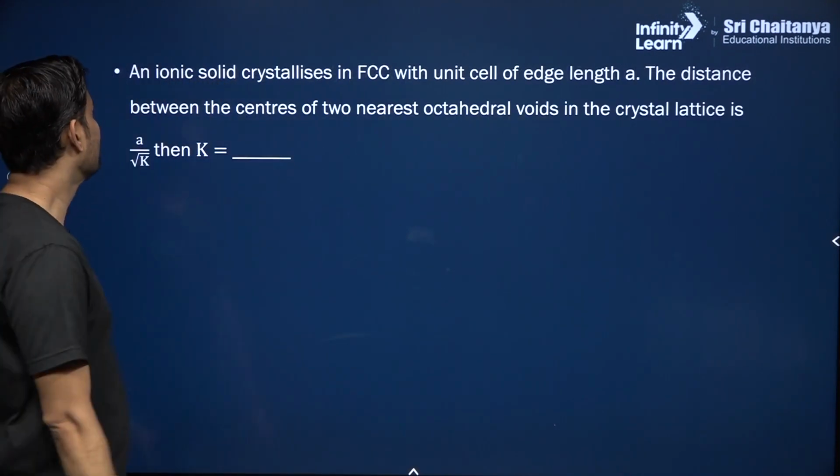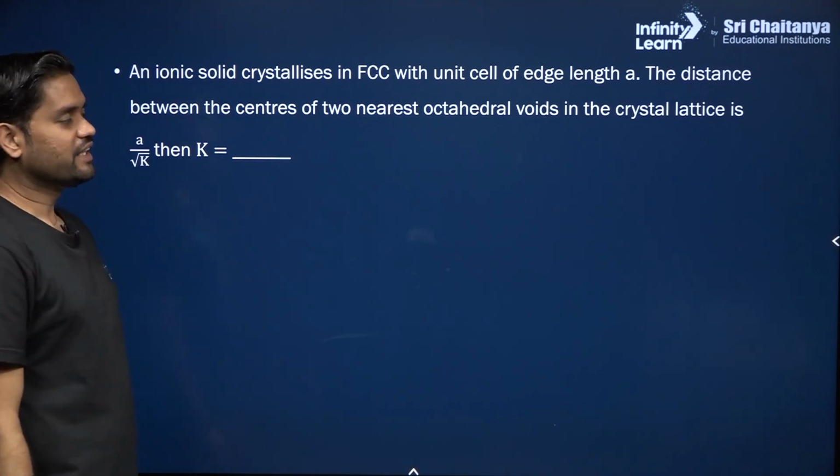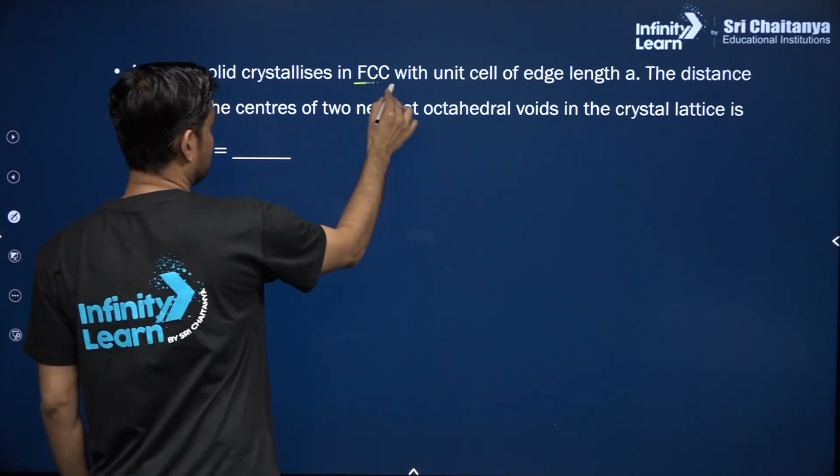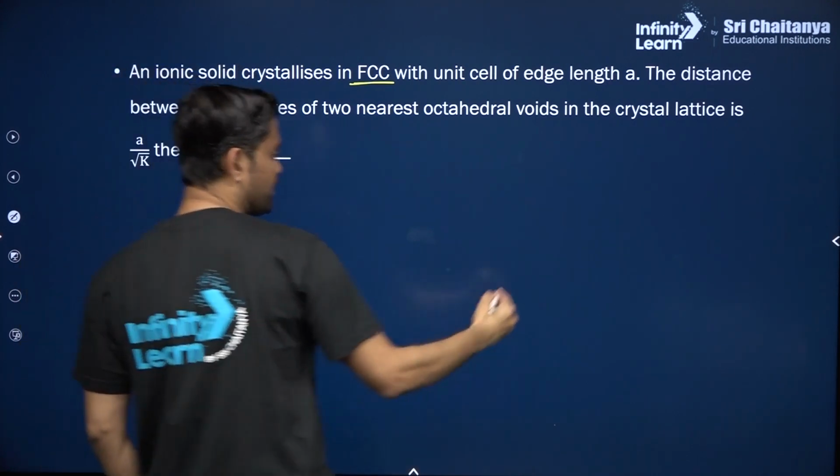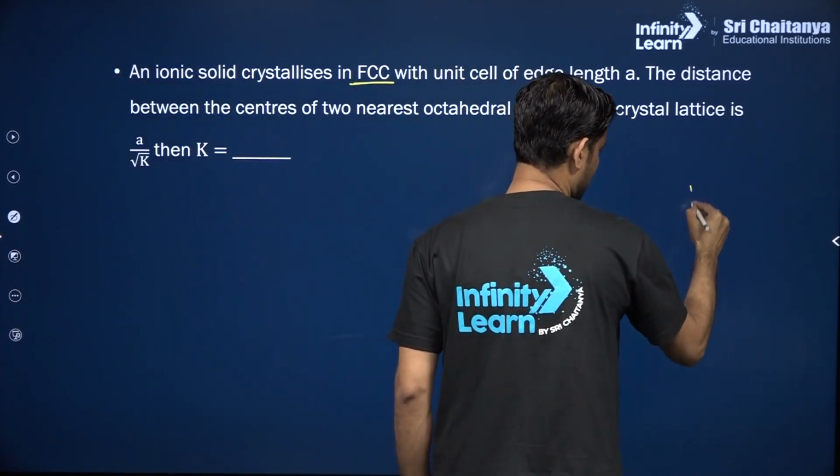Next question. An ionic solid crystallizes in FCC with a unit cell edge length of A. So let us make an ionic solid first of all.